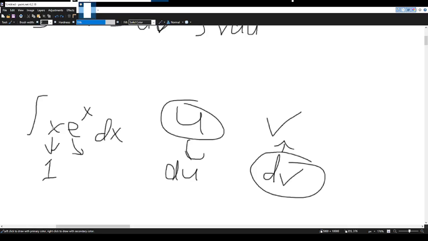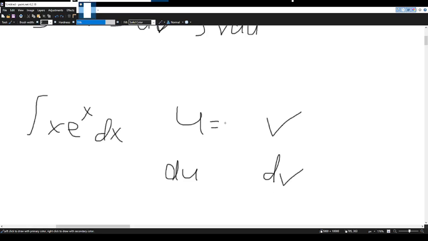So by this guideline, we should make u be x. Both guidelines tell us that u is going to be x, and dv is going to be e to the x, technically dx as well. It's this whole part, but like I said, the dx usually just gets dragged along with it.